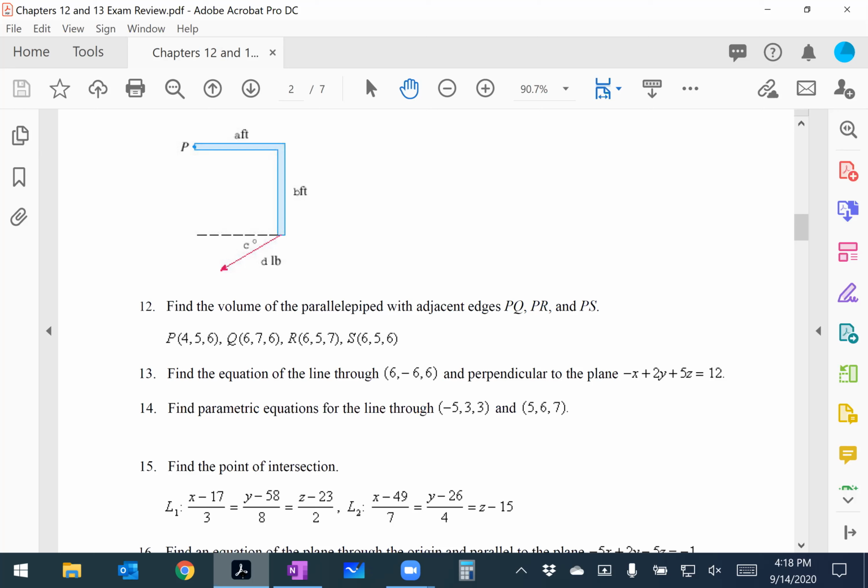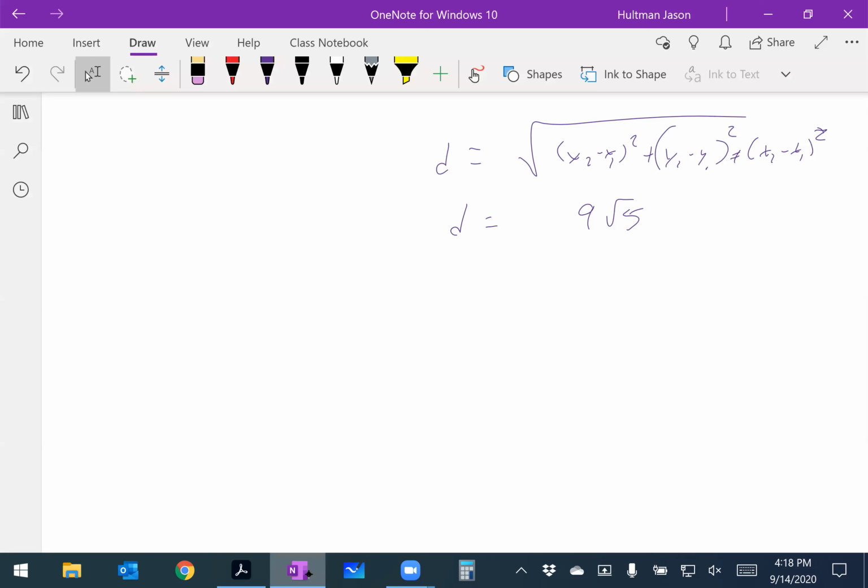So we want to find the volume of the parallelepiped, with edges of these here, P, Q, R, and S. Notice that P is the central point in this.